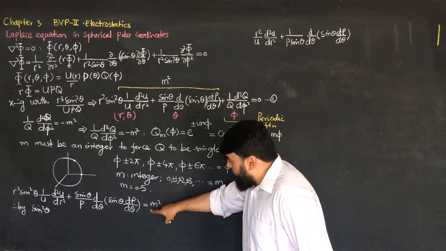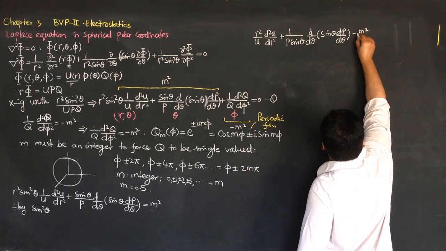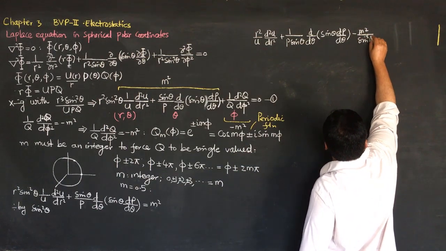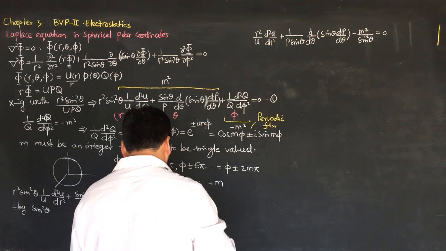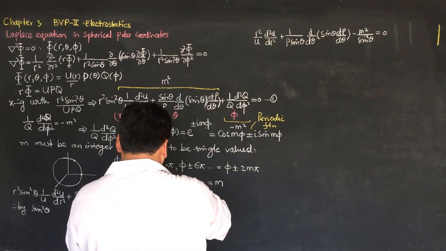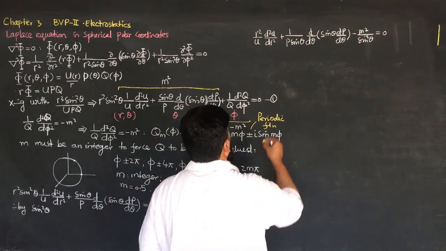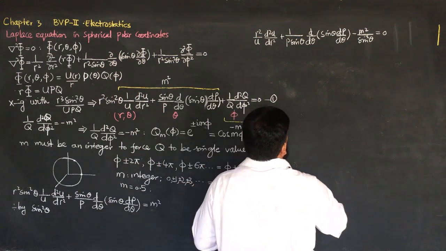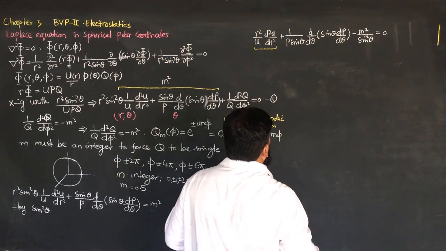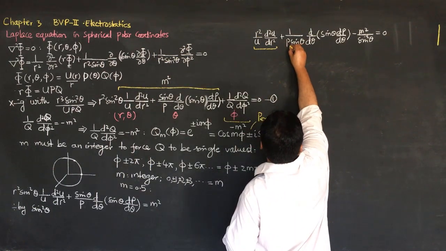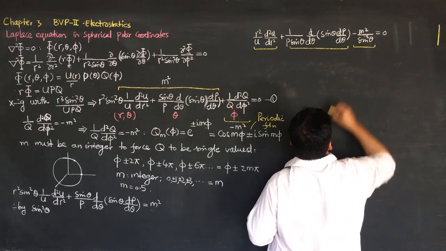Then this will be equal to m square over sine square theta, so I can move it inside the equation. M square over sine square theta is equal to 0. So this is our equation, and now let's consider another constant. If I look here, then this portion is one term, then this portion is another term, and here we are having another term.